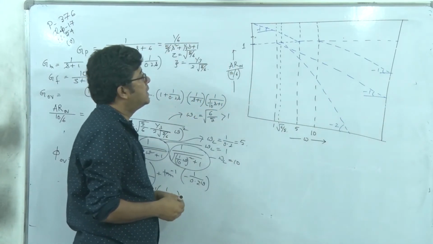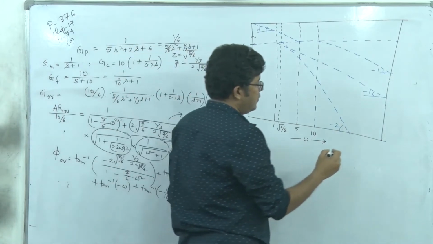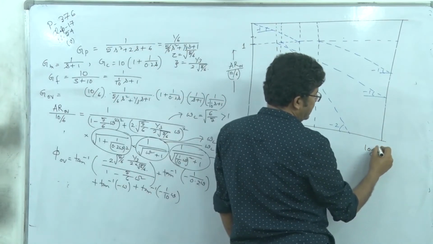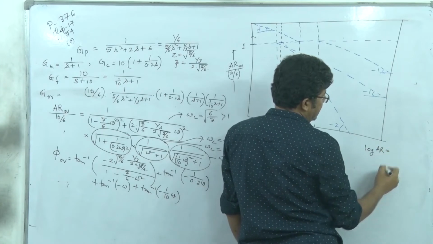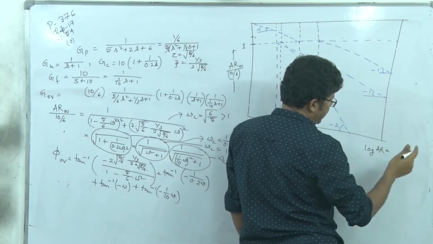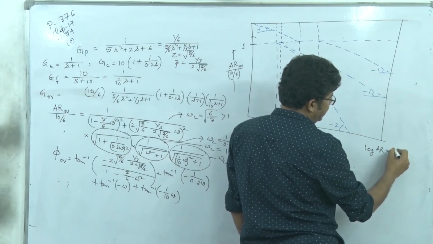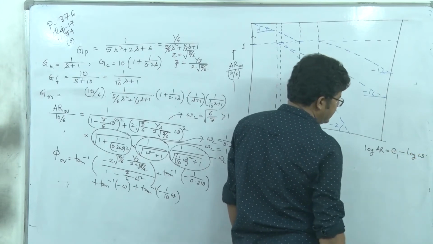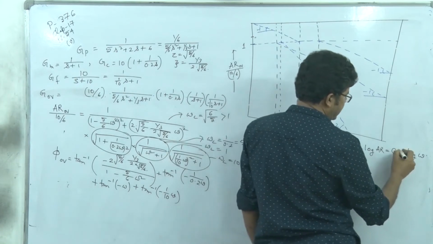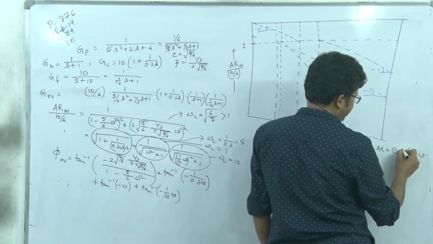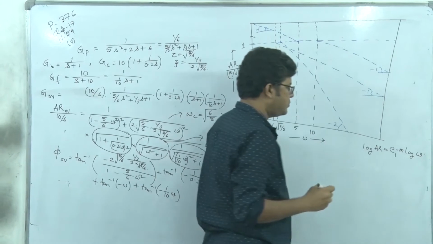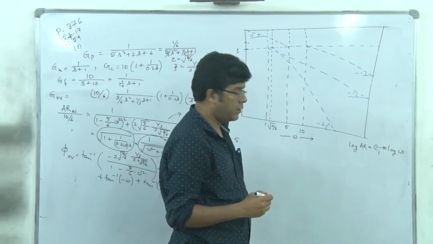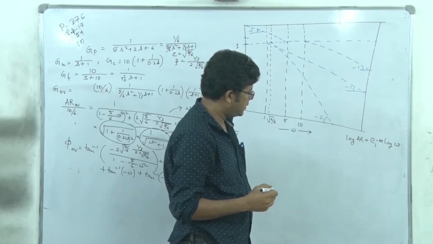And what happens? We have log of AR is equal to, everywhere, some C1 minus log of omega, or we can write minus m log of omega for all the plots, right?